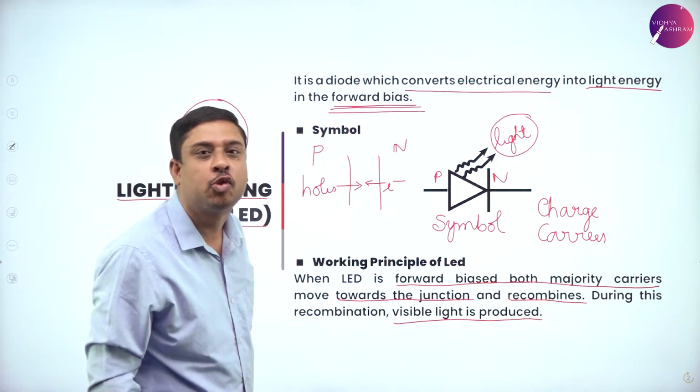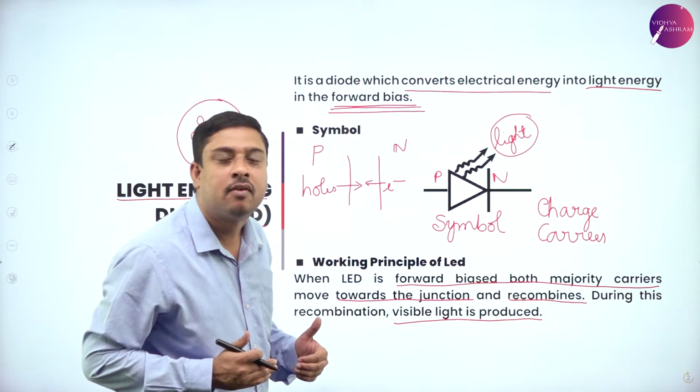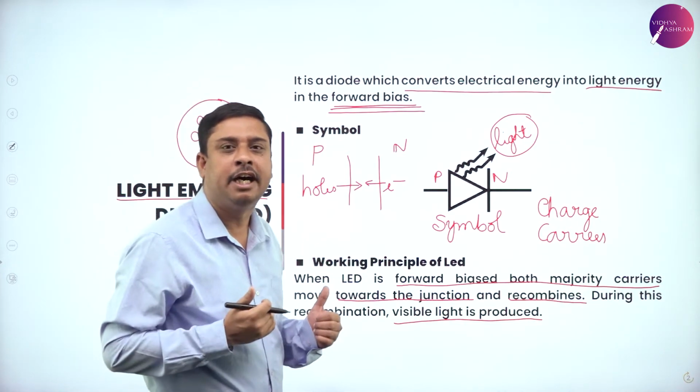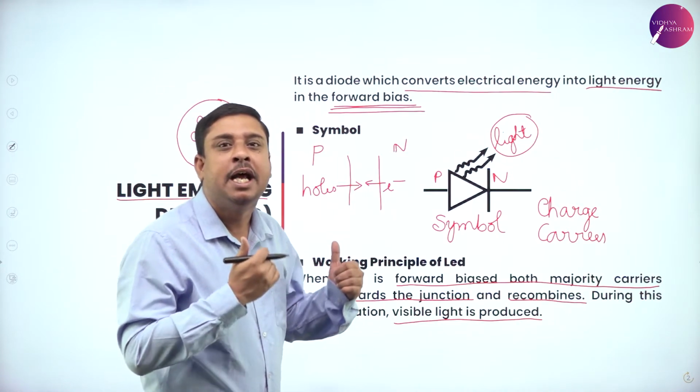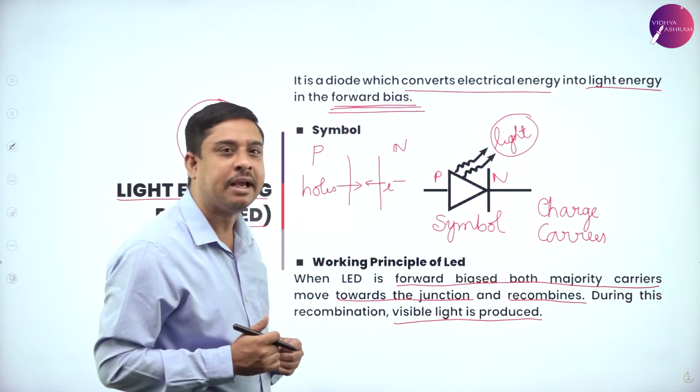So what happens, students? When the LED is forward biased, under the forward biased mode, what is happening?